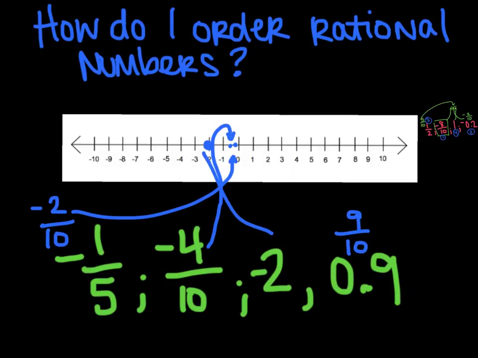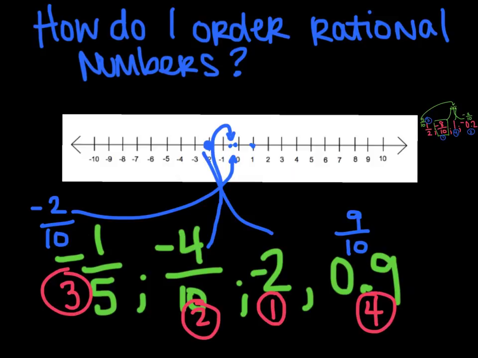And then 9/10 is positive, pretty close to 1, so that one's going there. So now when I put them in order, I just go from least to greatest. The least number would be -2, and then I have these ones, and the greatest one is 0.9.